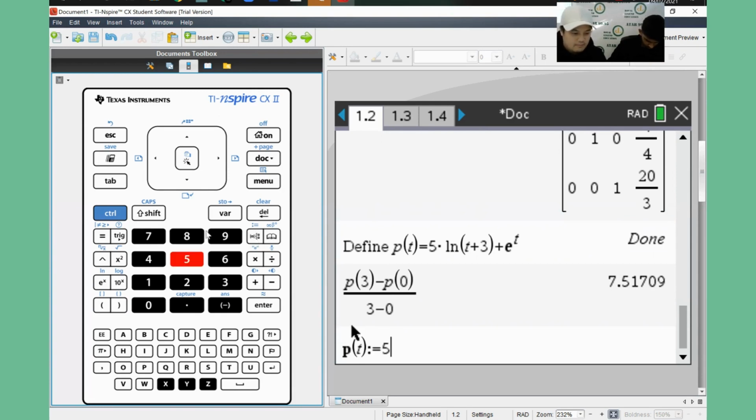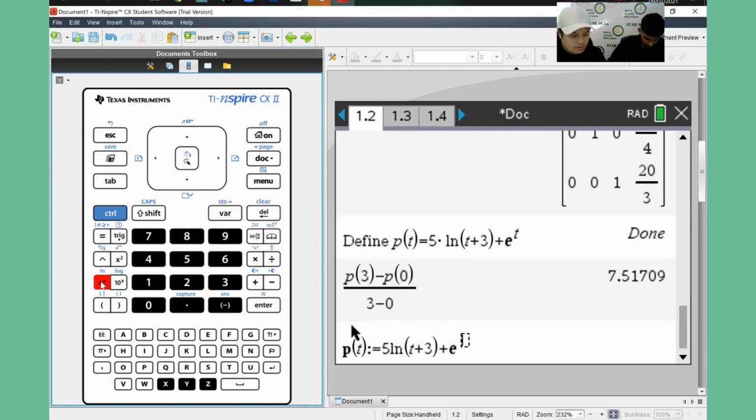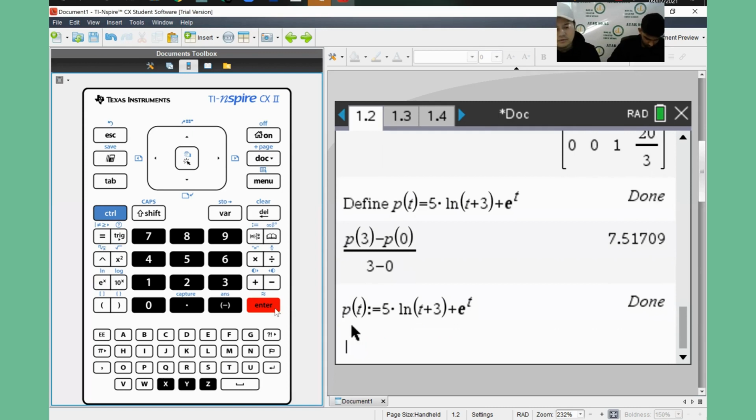Instead of menu 1, 1, define. ln(t plus 3) plus e to the power of t is also another way to define. Enter. You also can do done. 2 ways to define. Actually 3, but the last one is store. Not very useful. Okay, and then you got that. Understand?